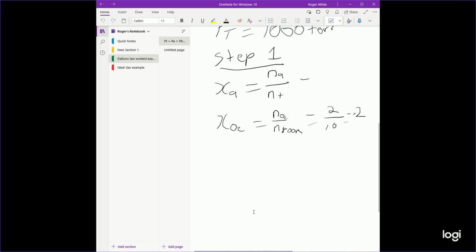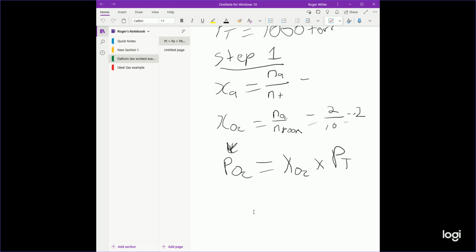So the partial pressure of oxygen, O2, is going to equal, so this is what we want to find, okay? This is what we're looking for. It will equal the mole fraction of O2 times the pressure total.